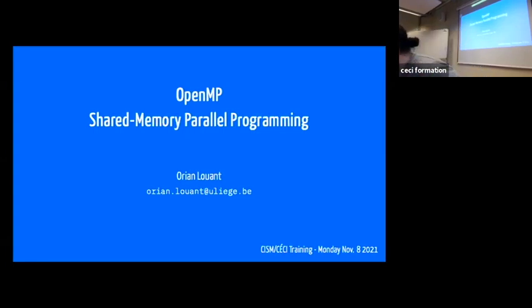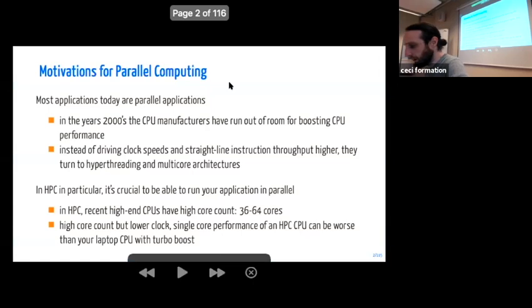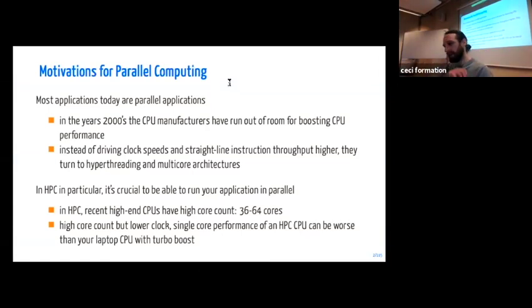So yes, the topic of today: OpenMP programming, and in particular shared memory parallel programming. The main motivation behind this session, as with the MPI session that was given 2 weeks ago, is that today most applications are parallel, for the simple reason that in the 2000s, CPU manufacturers ran out of room in terms of boosting CPU performance.